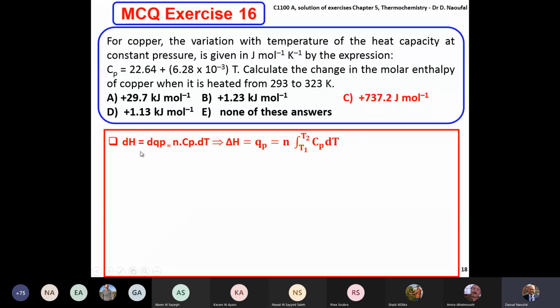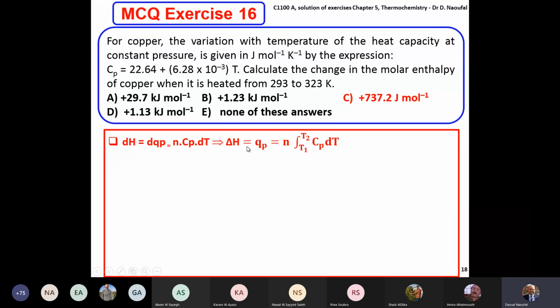What is the definition of delta H? dH equals dQp when the pressure is constant. dH equals dQp, I have to put P, dQp equals nCp dT.